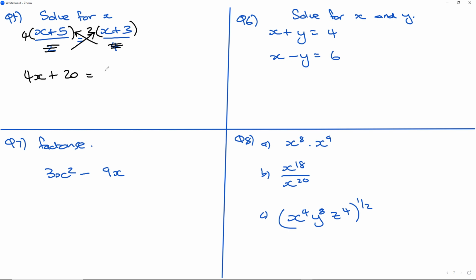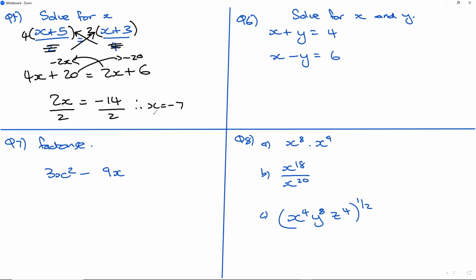So 4x plus 20, and then 2x plus 6. Then we subtract 2x on the left-hand side, and we subtract 20 on the right-hand side. 4x minus 2x gets me 2x, and 6 minus 20, negative 14. Dividing by 2 on both sides gets me x equals negative 7 from there.